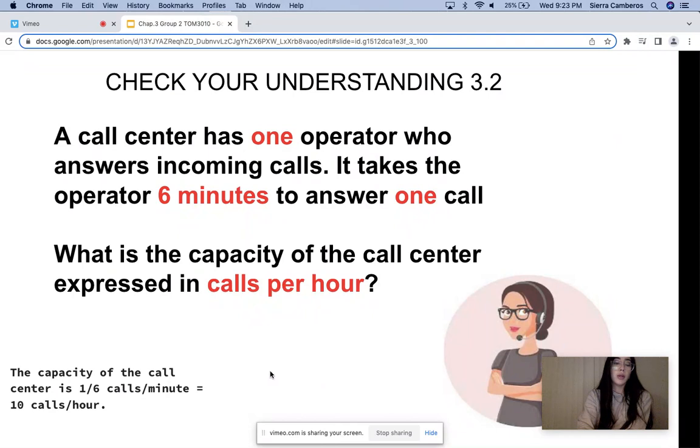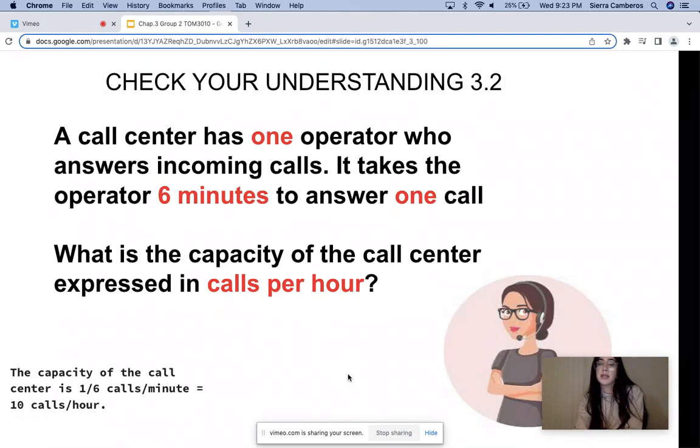So if you divided 1 over 6, you would get a decimal as well. And once you got that decimal of 1.66, you'd go ahead and multiply that by 60 minutes, since there's 60 minutes in an hour. And then you would get a 9.99 number, and then you can just round up to 10.